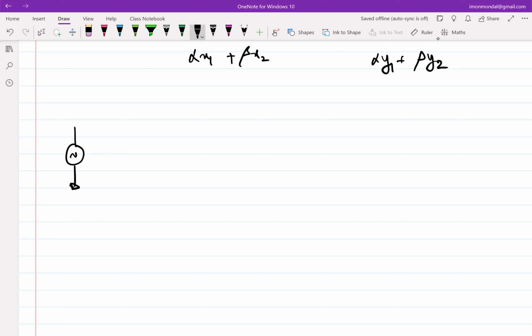What is the simplest nonlinear element that you have studied till now? Diode, right? Great. So let's assume you have a resistor and you have a diode. This is V. Oh, that's not it. So that's the battery.